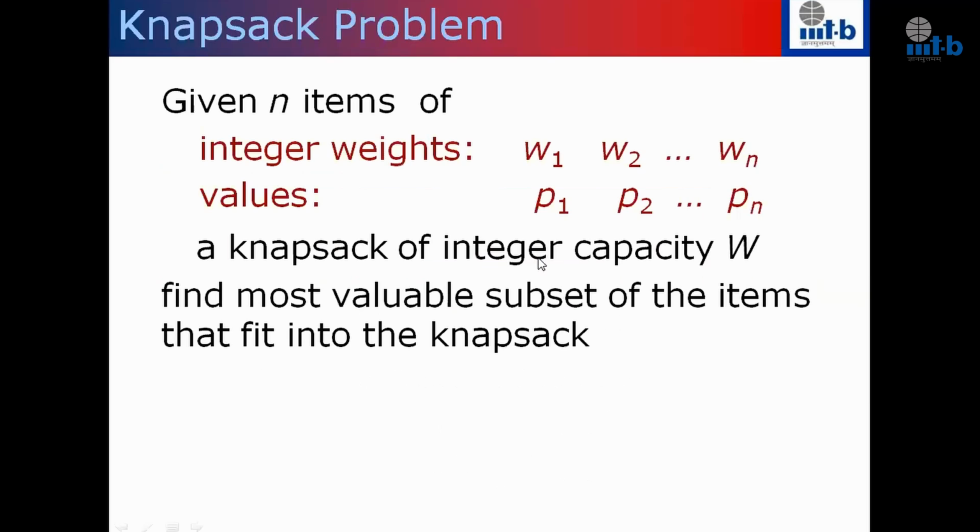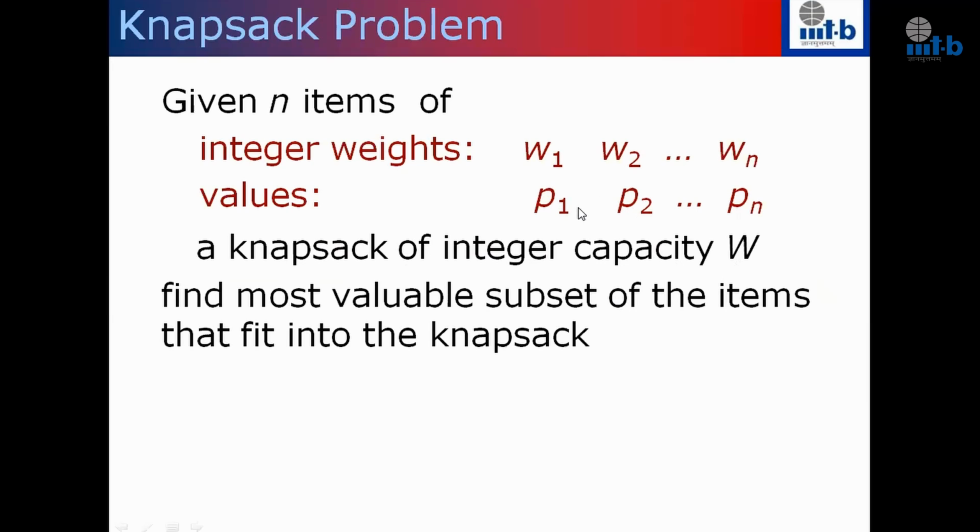The first problem that I have chosen is the classical problem called the Knapsack Problem. In this problem, we're given n items. The weights are given and the profits are given. And a knapsack of integer capacity W is also given.